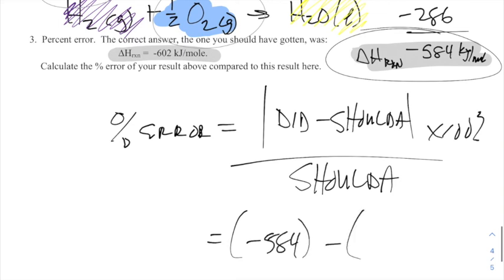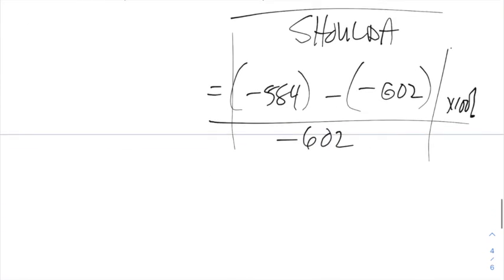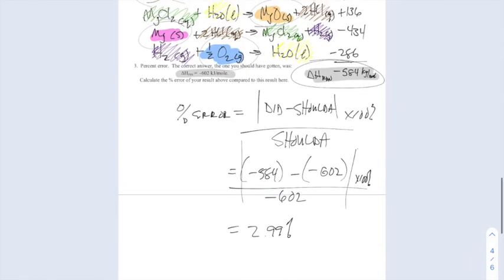I'm going to subtract from that what I should have gotten, which is negative 602, divide that by negative 602, and take the absolute value times 100%. So when I'm all said and done, 584 and 602 divided by 602, I got a 3% error, a 2.99% error.